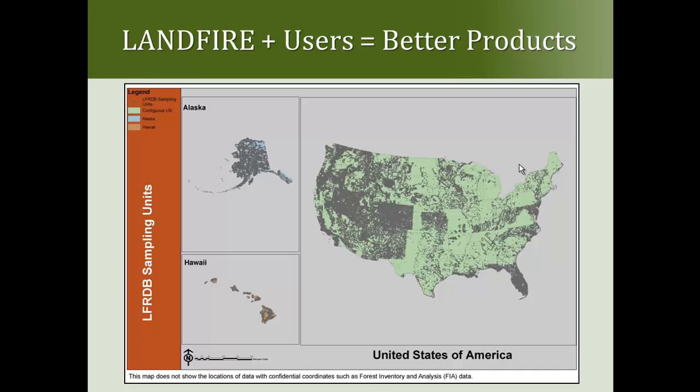We trained it using plot data to help recognize what the particular looks in the satellite imagery would mean in terms of vegetation. We also use the plot data to update or refresh the data. So if you have georeferenced vegetation data, please consider allowing LANDFIRE to use that data for its training. We can make it confidential, and we know that can be important for some of our partners.